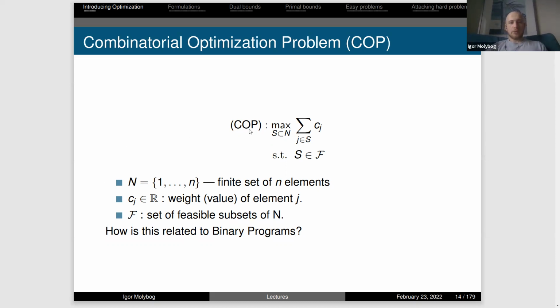So for the combinatorial problem, we are also dealing with a function that is defined through a series of numbers, which is basically a linear function.